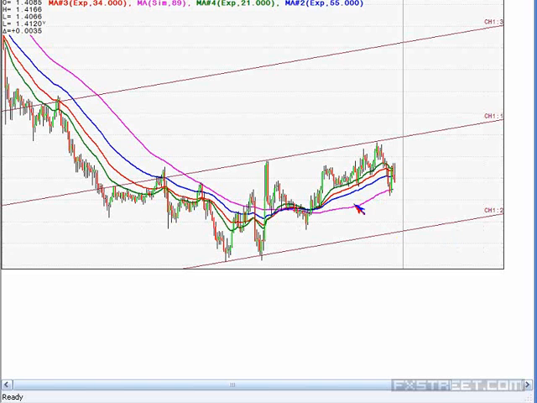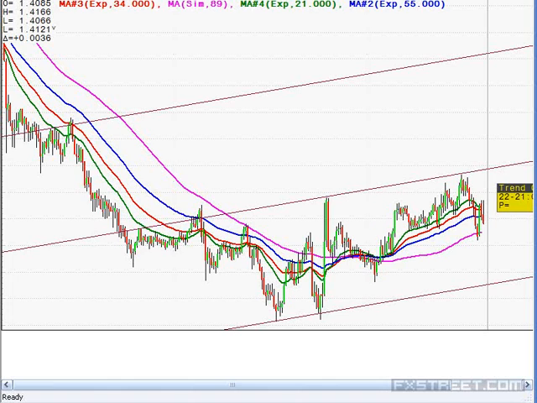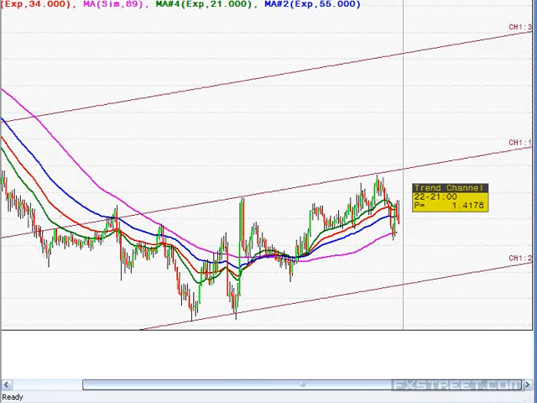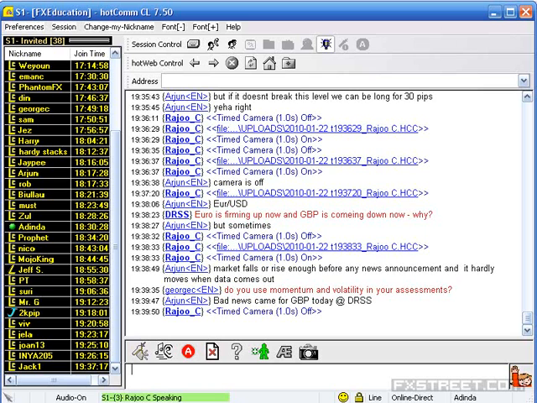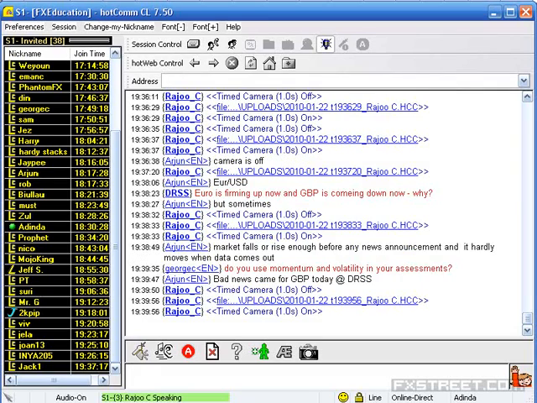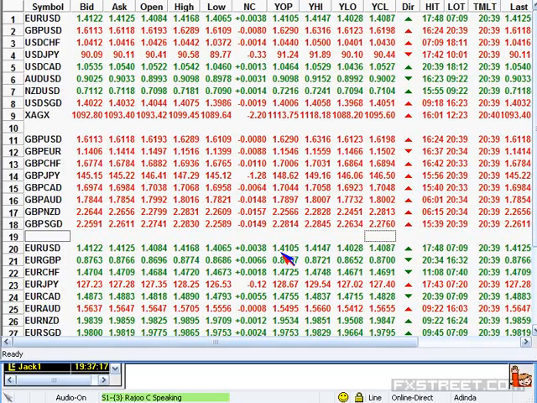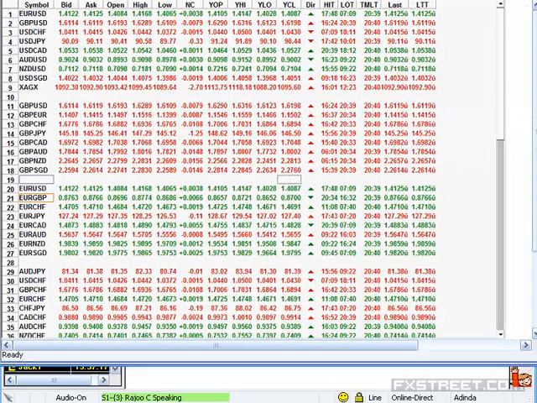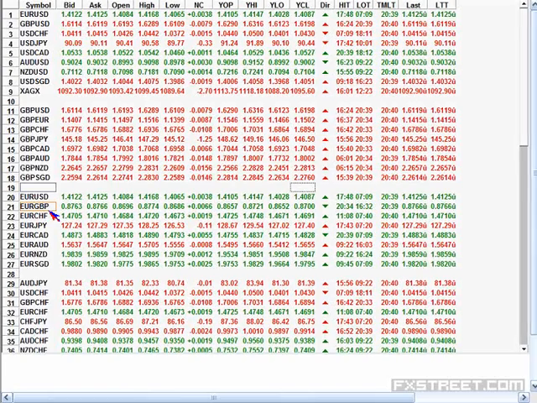Of course, you should understand that euro has been strong against the pound. Okay, I'll show you that chart, the screen. In fact, euro has been strong against the pound.